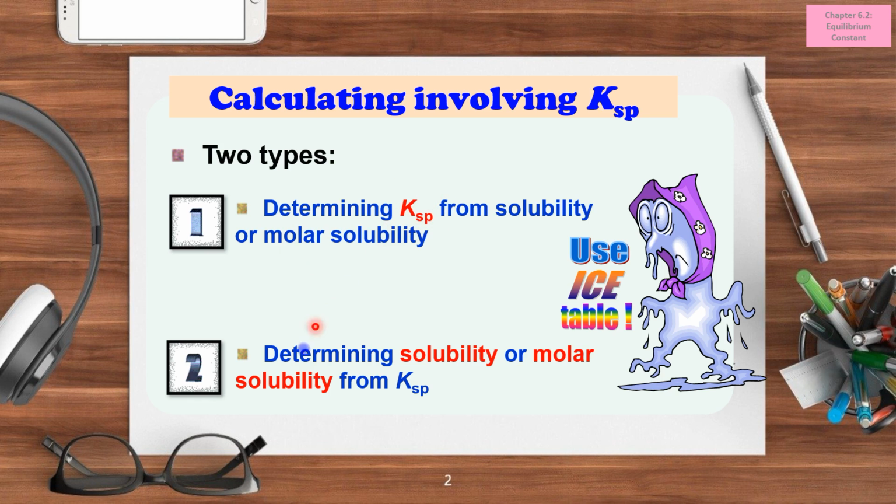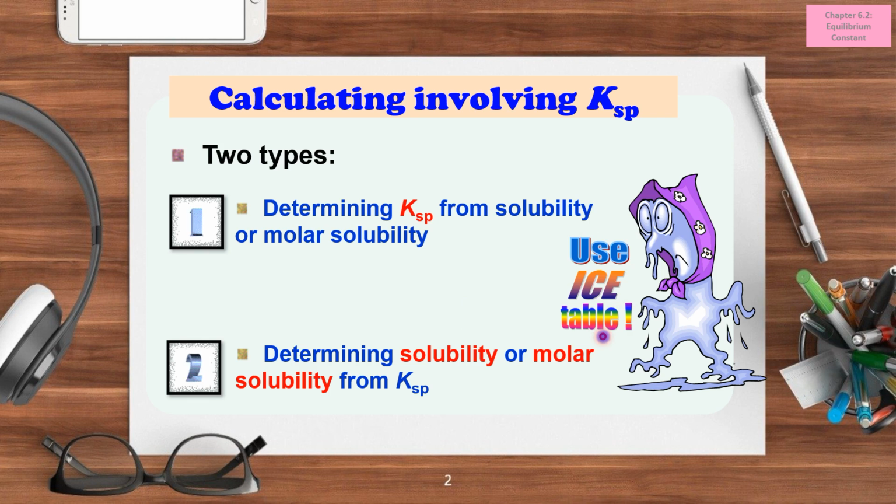Type 2 is determining solubility or molar solubility from Ksp, which means Ksp is already given in the question and we want to calculate the solubility or molar solubility. For these two types of calculation, you have to use an ICE table.